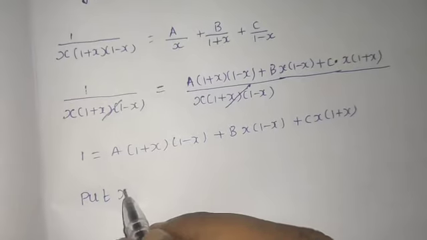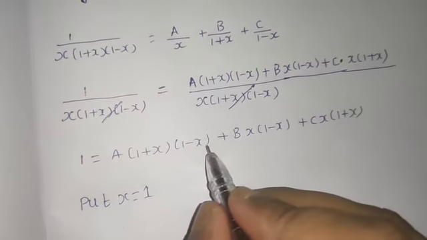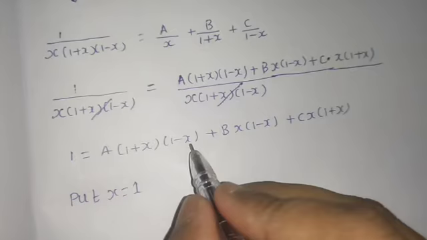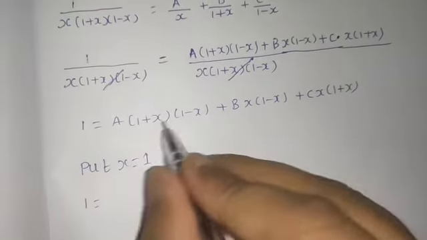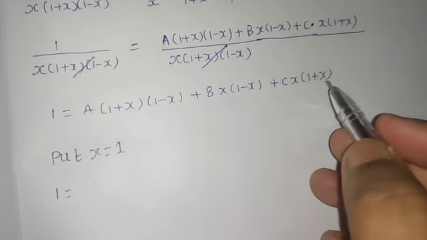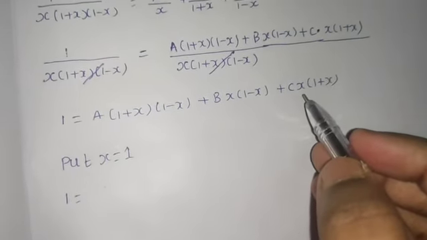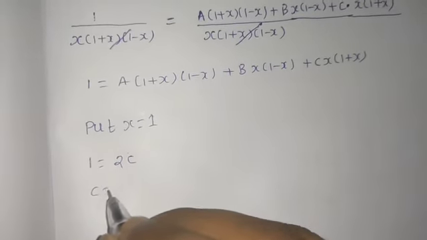So if I put x equals to 1, this will become 0 because 1 minus 1 is 0, and this will also become 0. So if I put x equals to 1, the first two become 0. In the third one, if you put x as 1, 2 into 1 is 2. So 1 equals 2C, or C equals half.